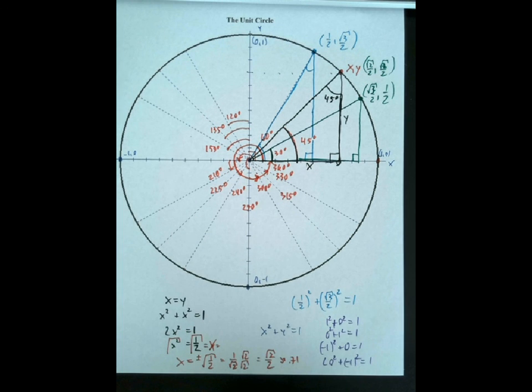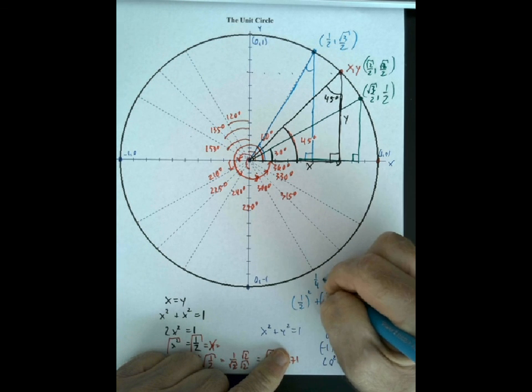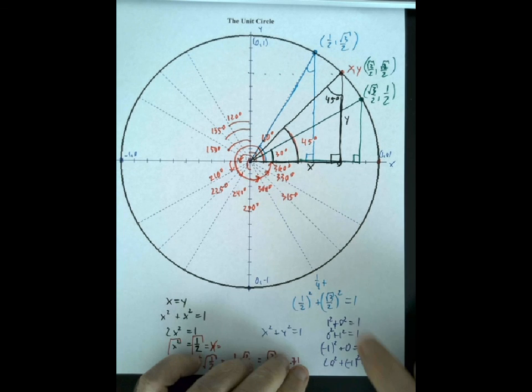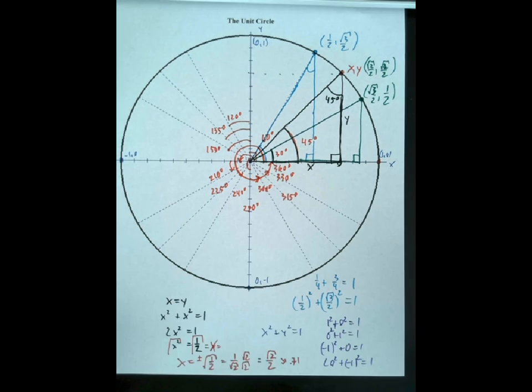Should have left more room here. But 1/2 squared is 1/4, right? Rad 3 over 2 squared is 3 over 4. Oh yeah, that's equal to 1, all right.